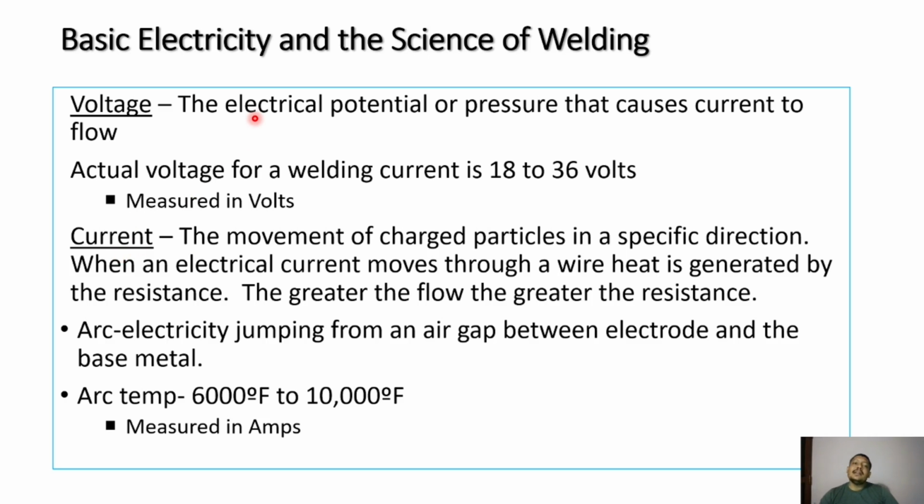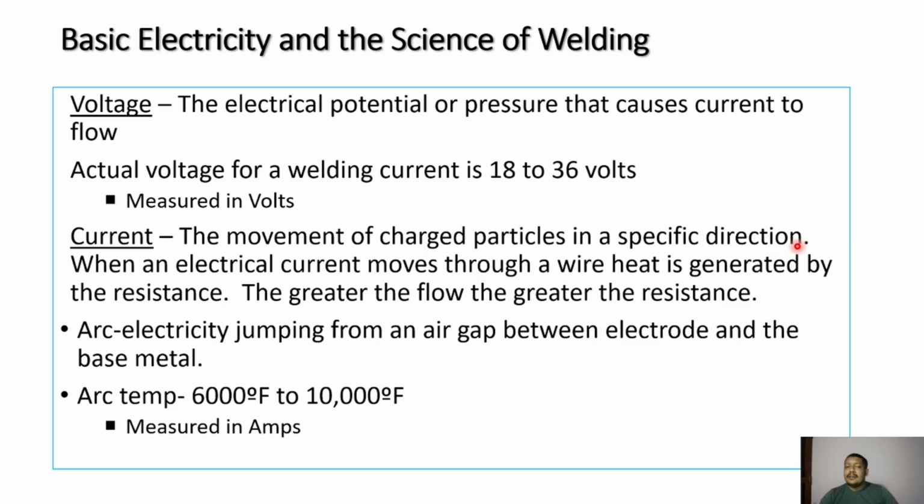Voltage is nothing but the electrical potential or pressure that causes the current to flow. Actual voltage for welding is 18 to 36 volts. So the normal voltage you will set in a welding machine will be 18 to 36 volts. Current is the movement of charged particles in a specific direction.